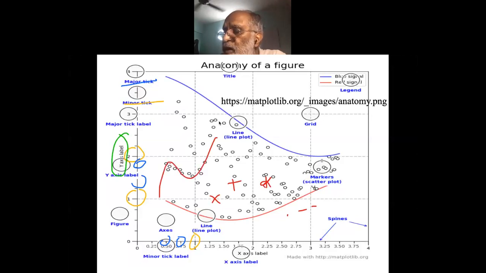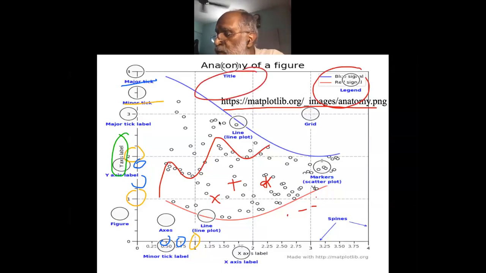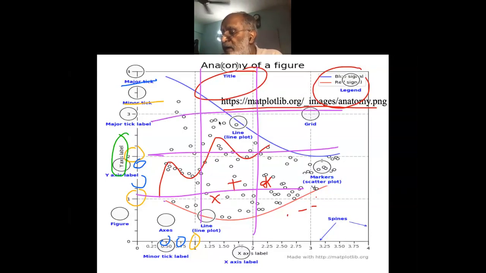Do you want to join the points? Do you want to add whatever label you want? And if you have multiple curves, what the legends are, and what the title of the graph is. So these are a lot of things. We will look at only a few, and you may even want to talk about so-called spines or the grids. A lot of options are available, but I'm not going to get into those details.